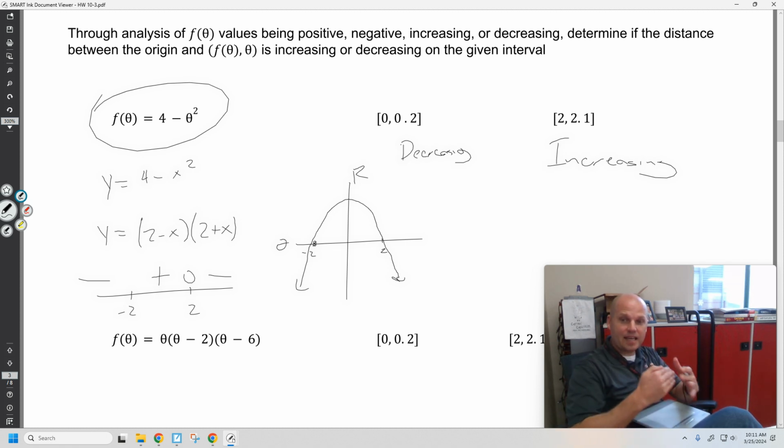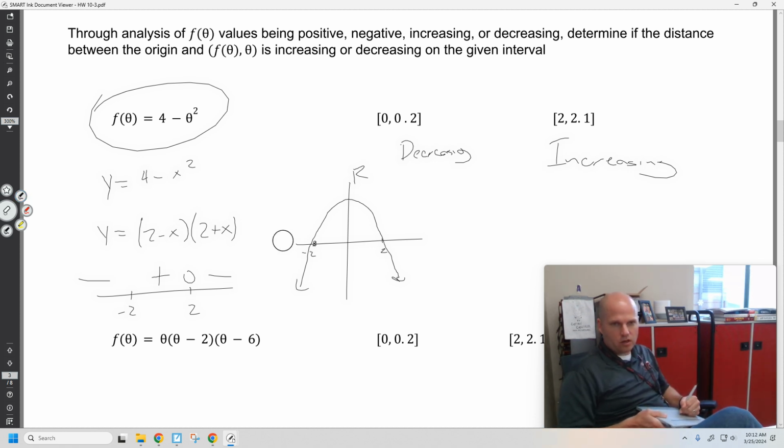Negative radii getting more negative. It's like you look at the absolute value of your radius. So here, this is a radius equals 0. These are radiuses that are positive getting more positive. You'd say the distance between the origin is increasing. Here are radii that are positive and less positive, positive and decreasing.